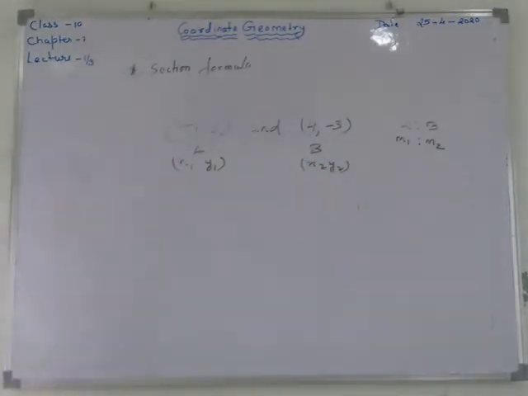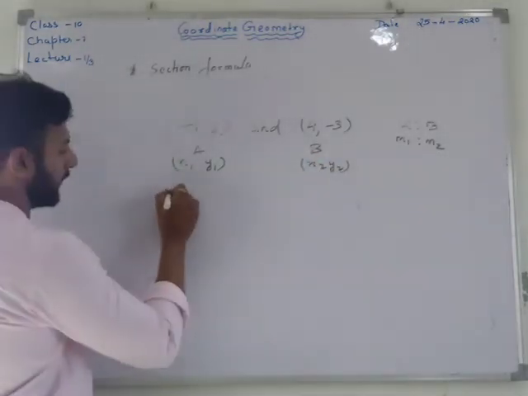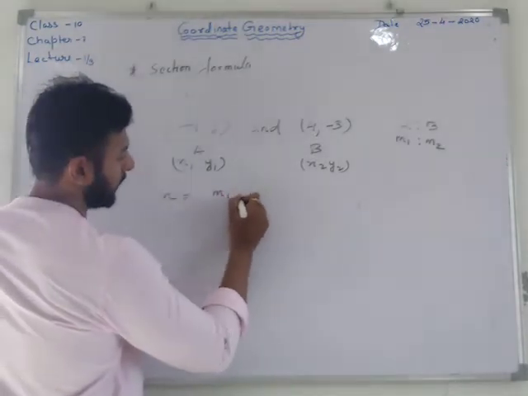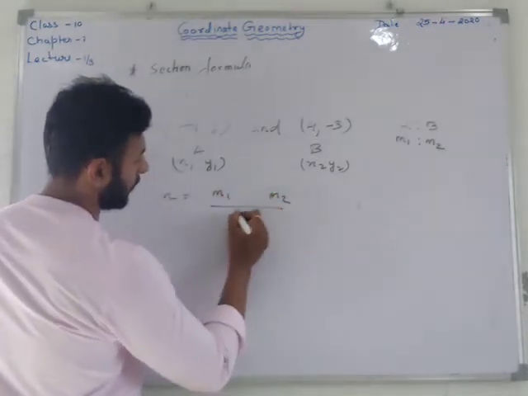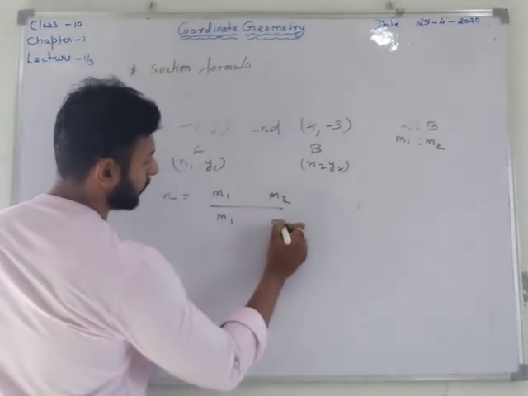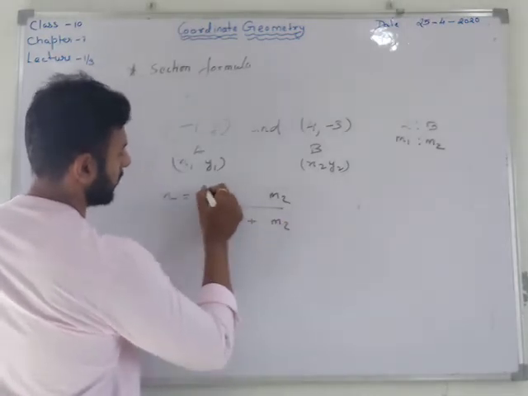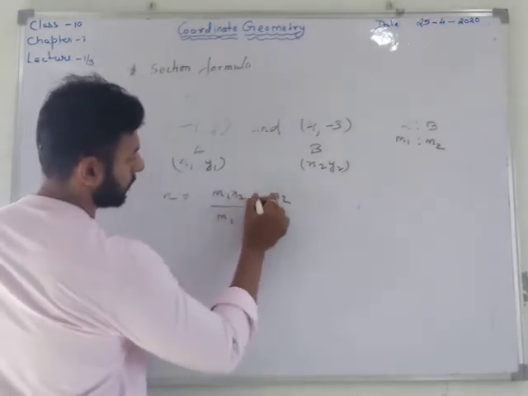Now using the section formula, x is equal to m1 x2 plus m2 x1 upon m1 plus m2.